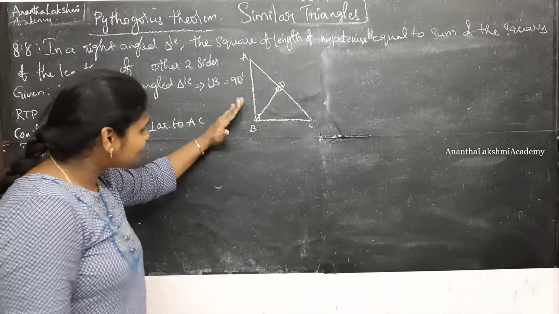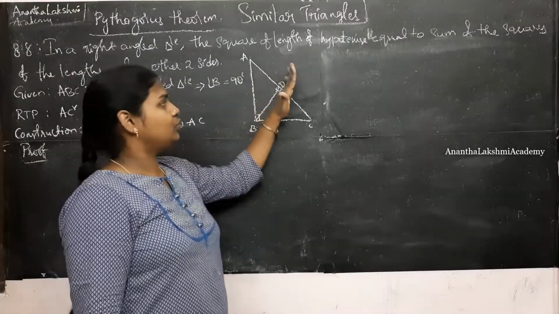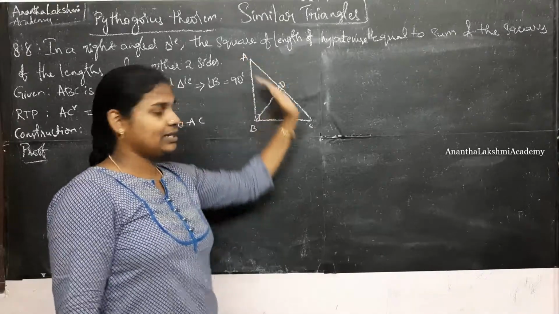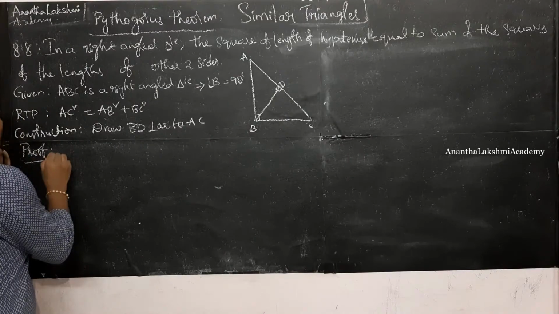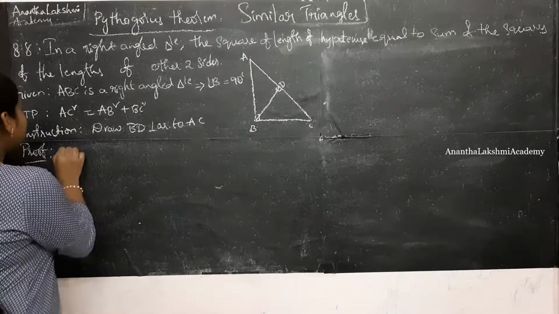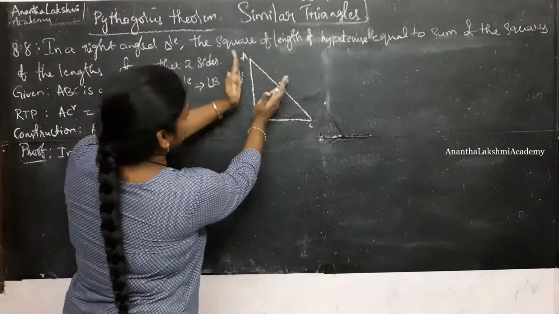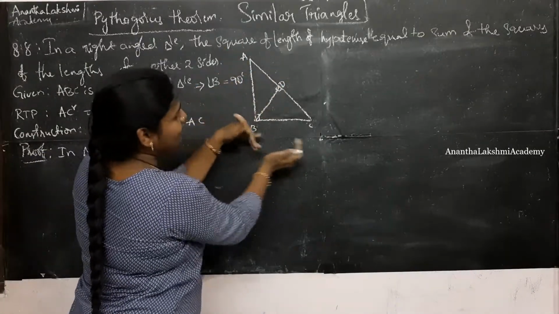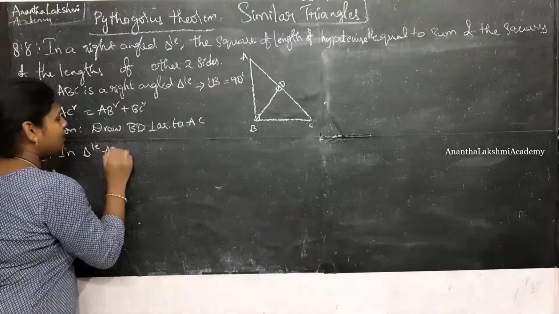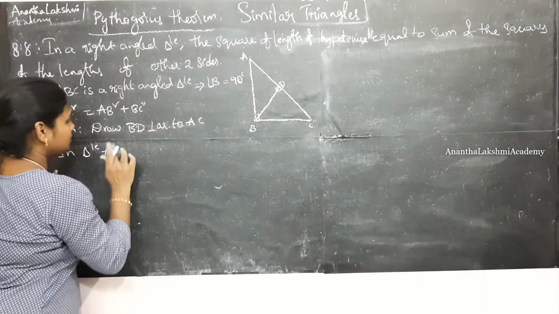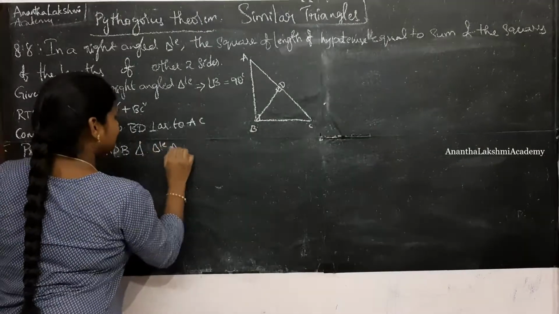Coming to the construction part, I just draw a line from B to D such that BD is perpendicular to AC. Okay, let us jump into the proof part. Here we have two triangles, ADB and BDC. First I am going to solve in triangle ADB and triangle ABC.